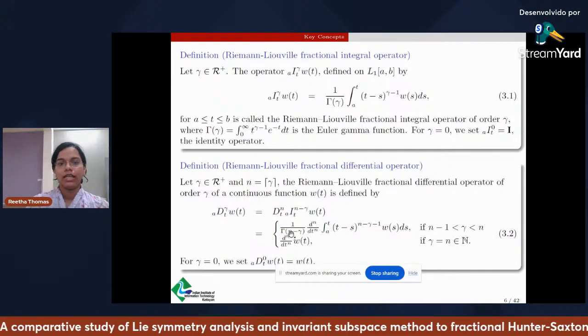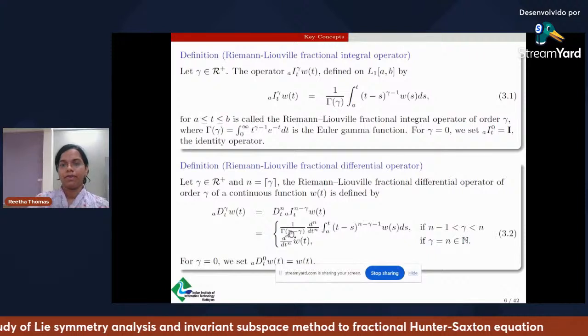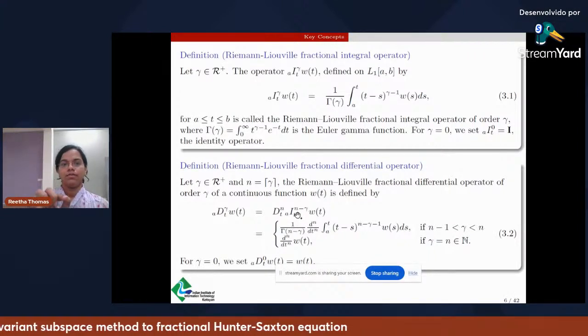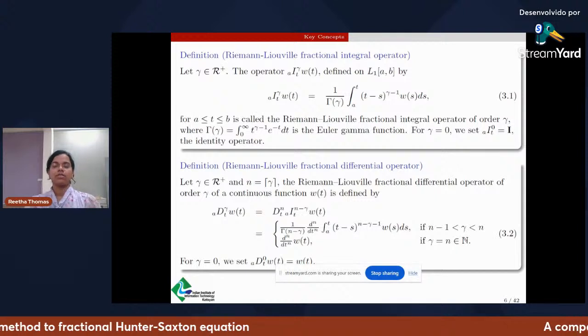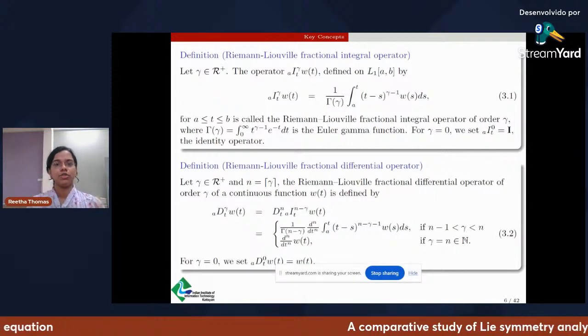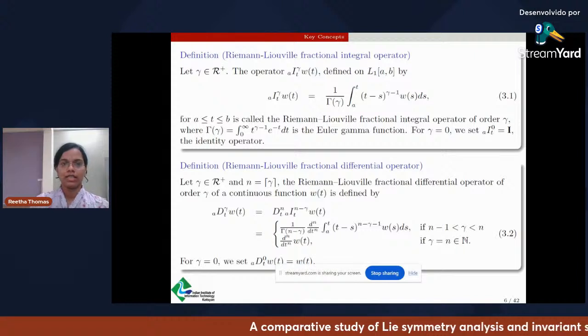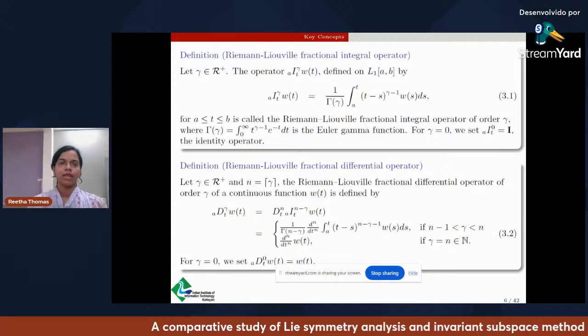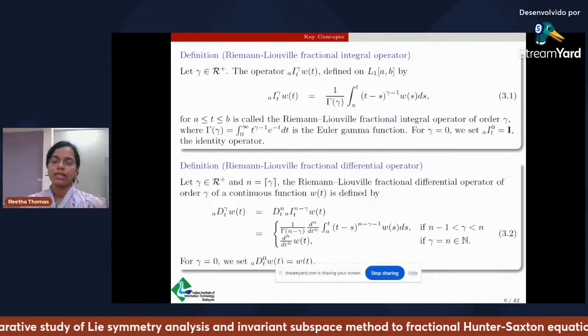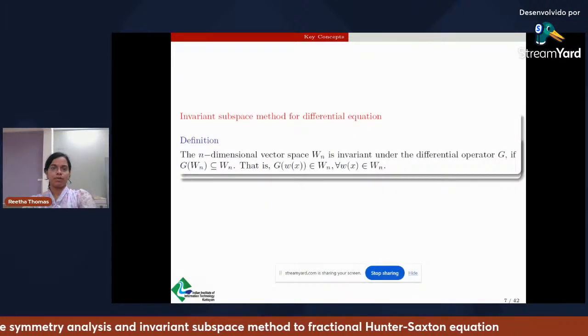So we can define, for n equal to 1, the Riemann-Leibniz fractional differential operator for this problem. And there are many differential operators like Caputo, Riesz potential, fractional Laplacian, and others. So here I restrict my operator to the Riemann-Leibniz fractional differential operator.